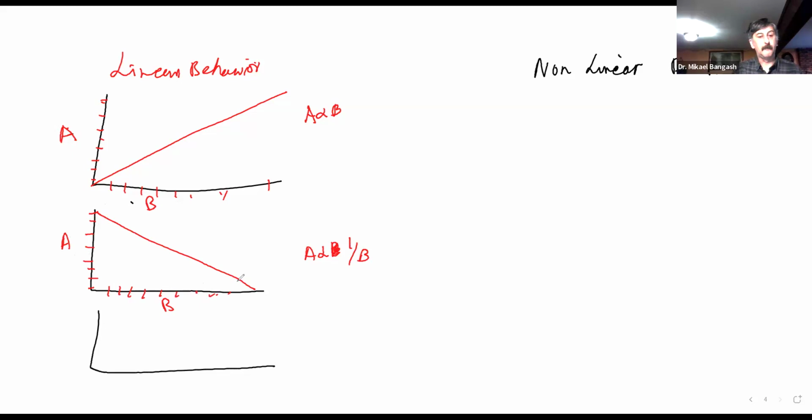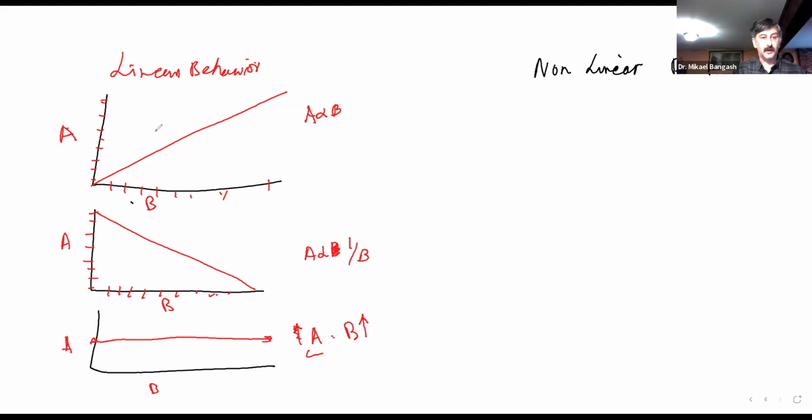Clear? Or even if A is constant, but B may increase, because it stays at this value but the value of B increases.